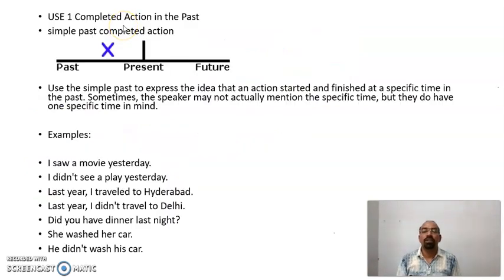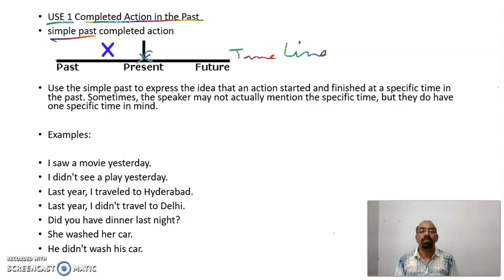Now we can check the uses of simple past sentences. The first use is to express a completed action in the past. Look at this picture. Here a timeline is given. We are here in the present, and this is towards the future and backward it is past.